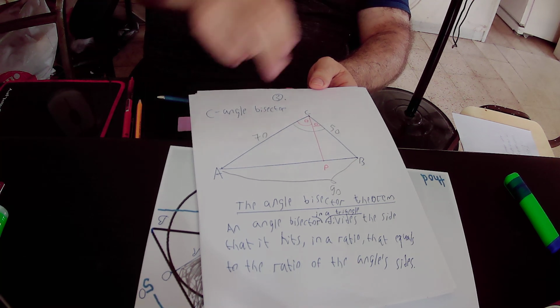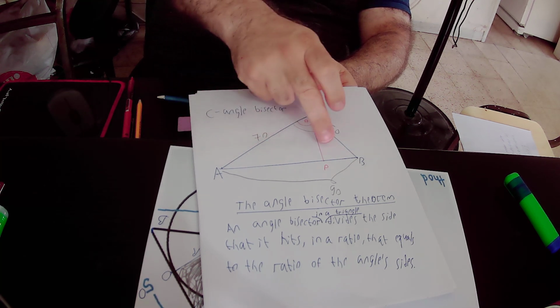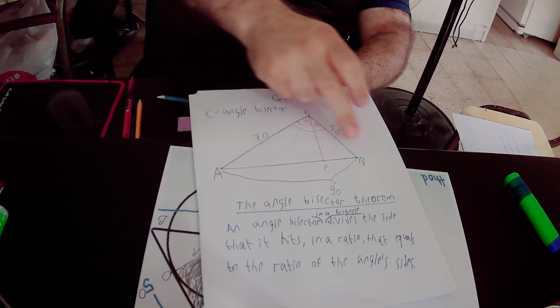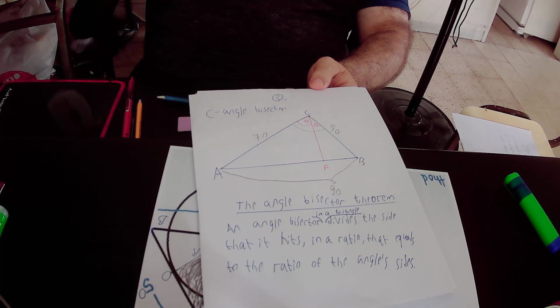And the ratio between those two parts is AP over PB. And that ratio, according to the theorem, equals to the ratio of the angle's sides.